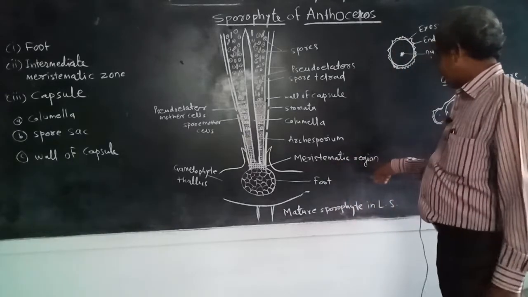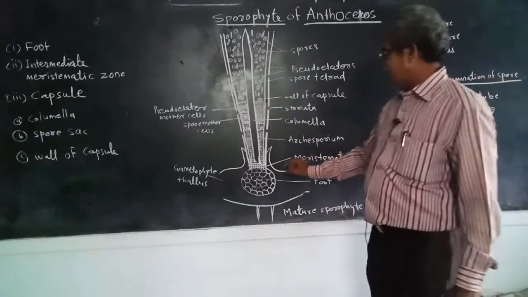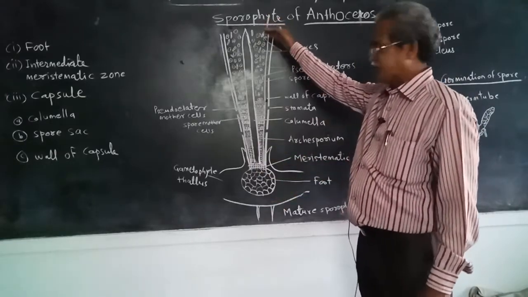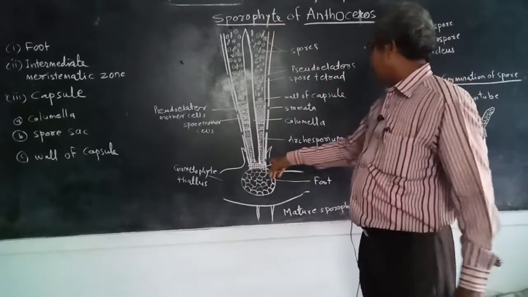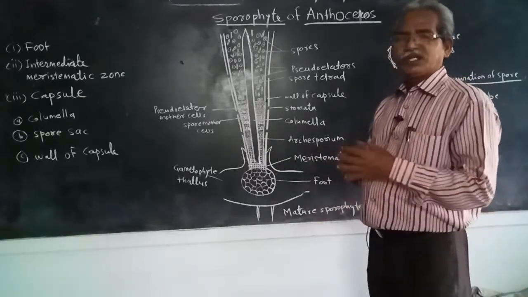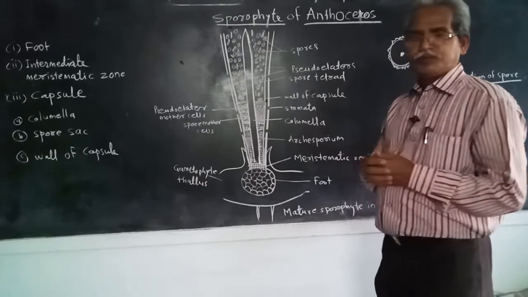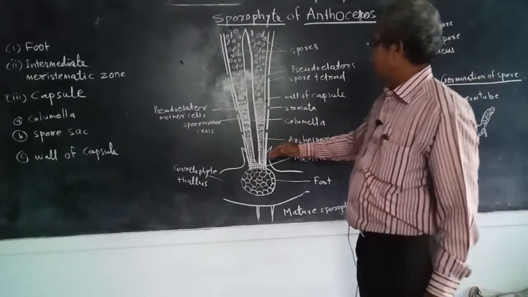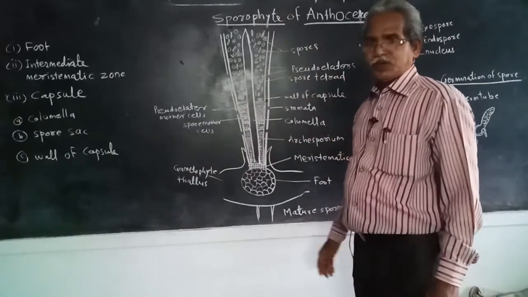Then the meristematic zone is present between the foot below and the capsule above, and the cells of the meristematic zone divide continuously and add tissue to the capsule region.